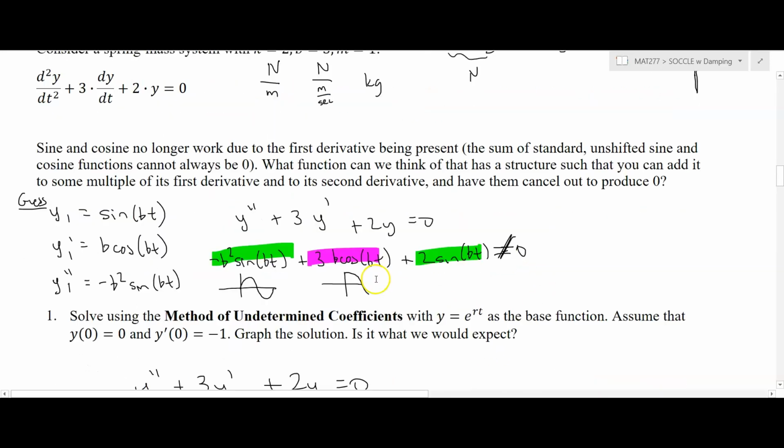So the reason we had to guess exponential in this case was, once again, because we had to find a function that, when added to its first derivative and its second derivative with these coefficients, they canceled out and gave us 0. Sine wouldn't work because now we have the first derivative in this equation, whereas remember without damping this whole term was 0, we introduce a cosine amongst the sines, and those cannot add up and cancel to give us 0.